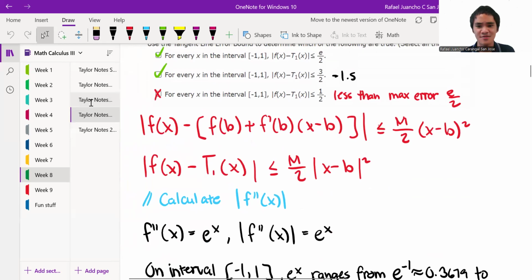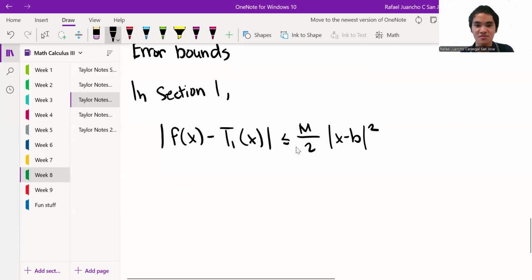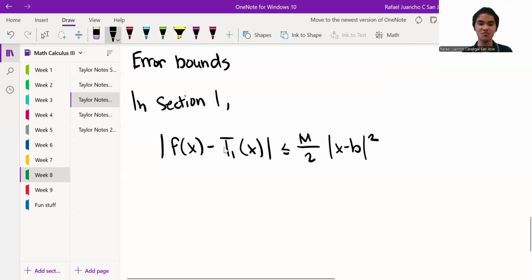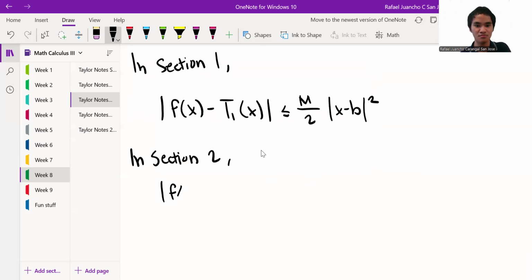So that's the idea. Oh, this one has to be an absolute value, because we're not sure if b is a positive or negative value. We're not sure if this thing's positive or negative, but we want to make it positive. The errors, as much as possible for errors, we want to make it positive. So that was that. Now in section 2, which I did not discuss in depth, but I'll go to it just in a bit. It's the same idea for the most part.